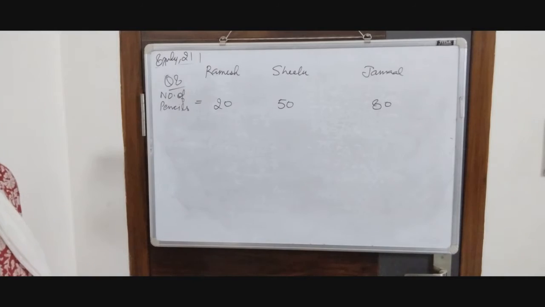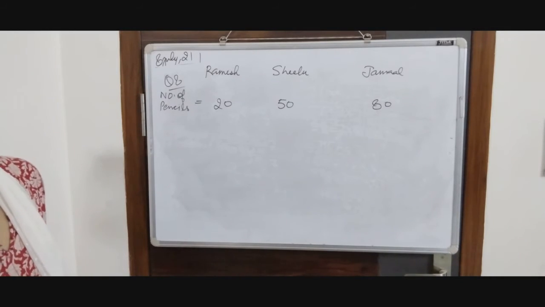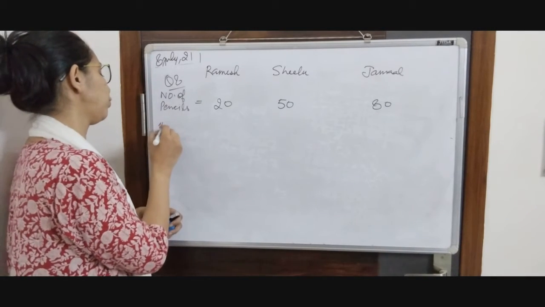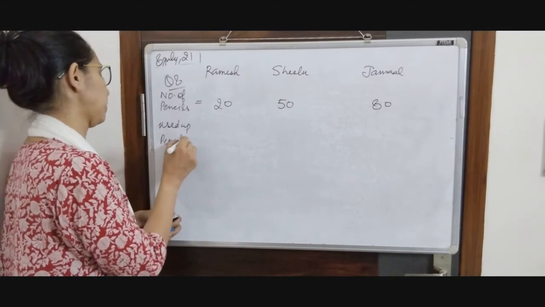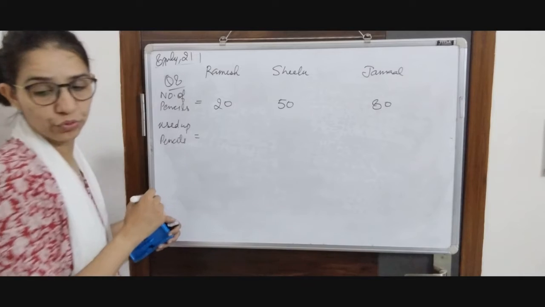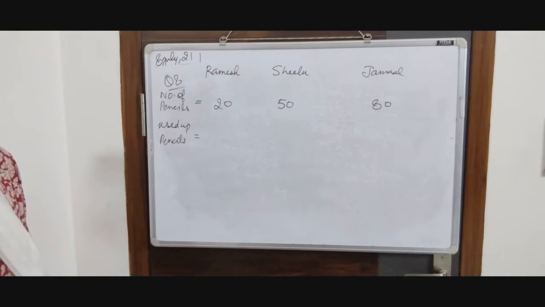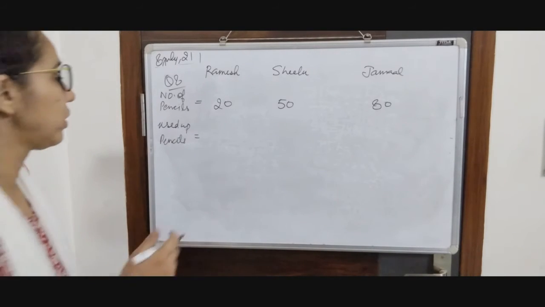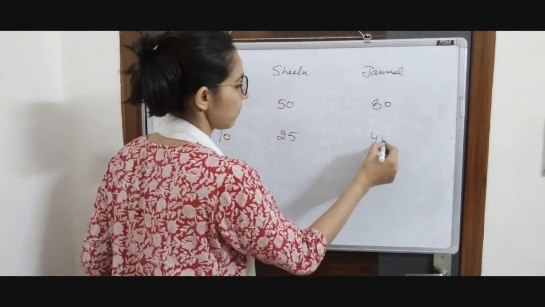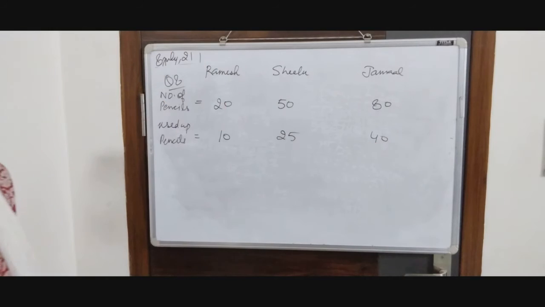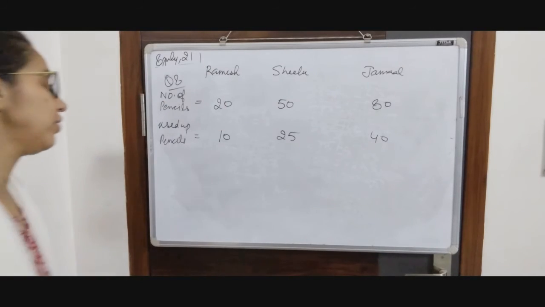Now, after 4 months, Ramesh used up 10 pencils. So the count of used up pencils is 10, 25 and 40. So what fraction did each use up?